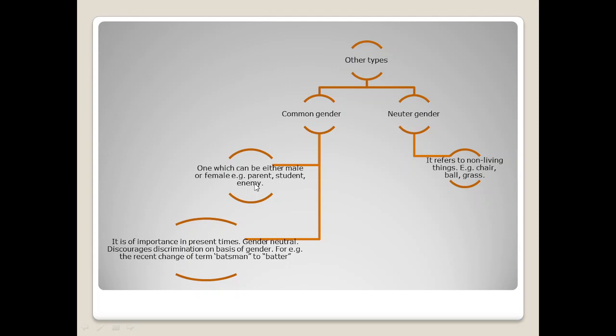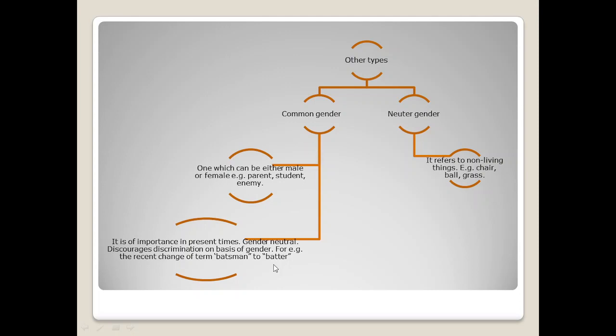And nowadays it is of utmost importance because society is becoming conscious of the patriarchal society we have had for a long period of time. So to discourage discrimination on the basis of gender, nowadays we are using various terms based on common gender.